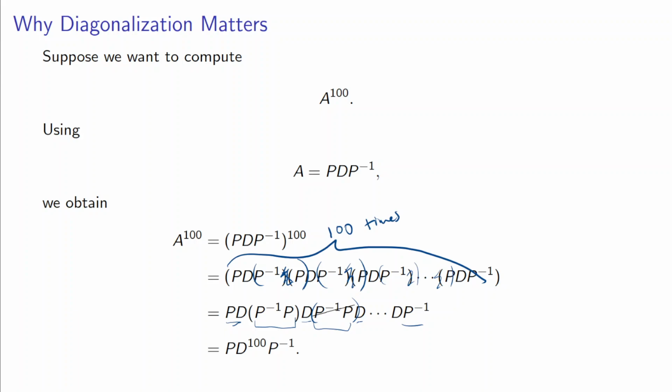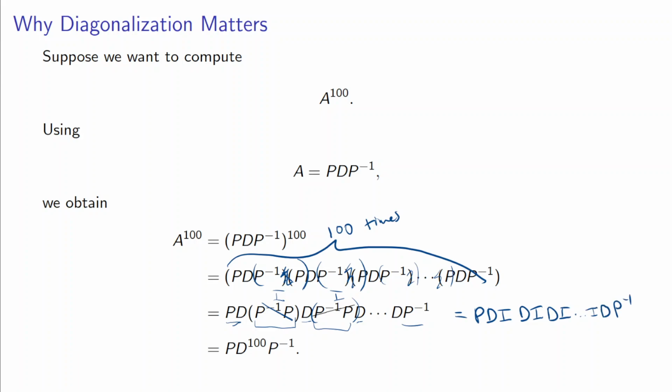What's going to happen is each of these P inverse P's cancels to become the identity matrix. And so, just to clean this up a little, we get P, D times the identity, times D times the identity, times D times the identity, and so on and so forth, P and then P inverse.